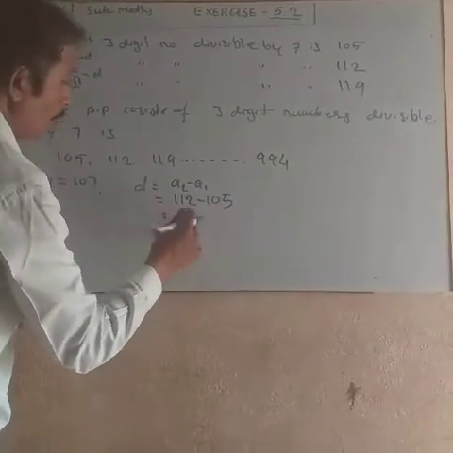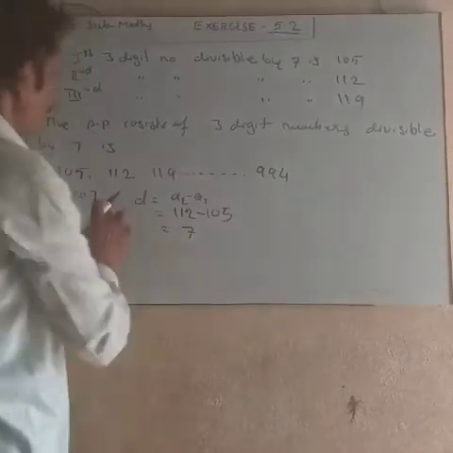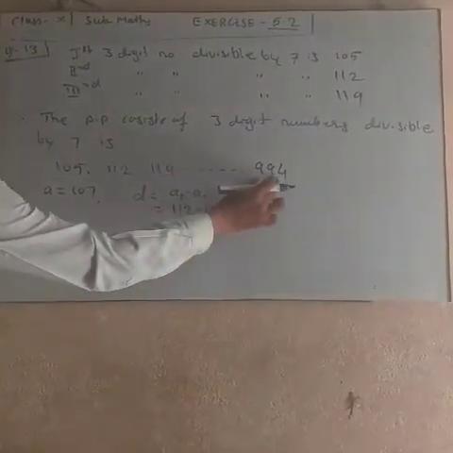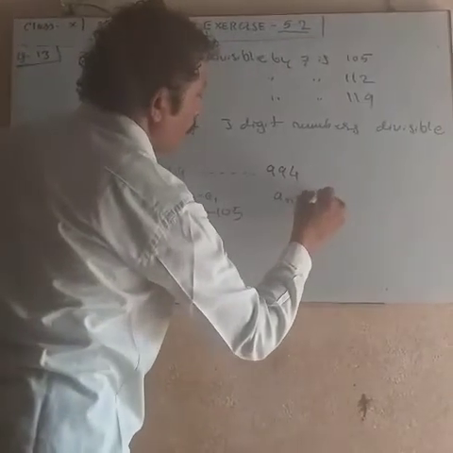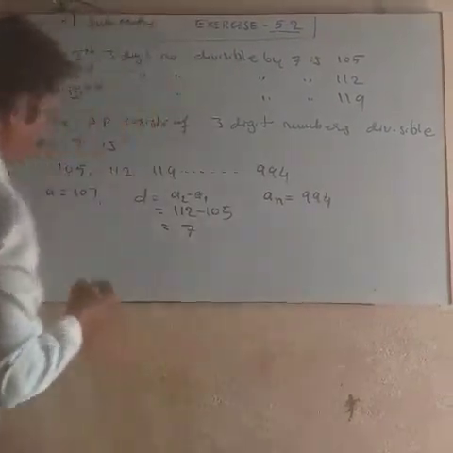It is 7. 7 is the common difference. And here the last term is the nth term, AN. AN is equal to 994.